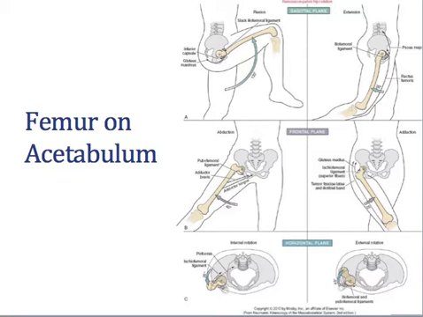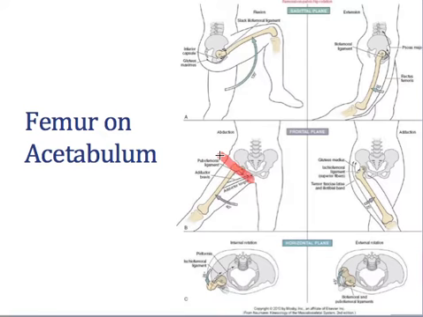When we combine these movements with other movements of abduction and adduction, that's when we'll start to get that combination of spinning and gliding that must occur to keep the acetabulum in the correct spot. So let's just dive in. If we go through abduction, we're going to see an inferior glide.